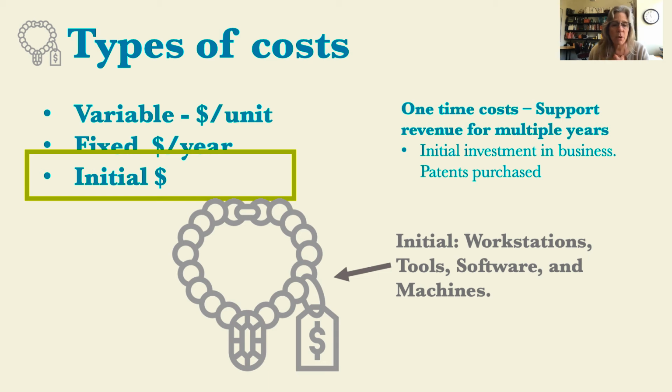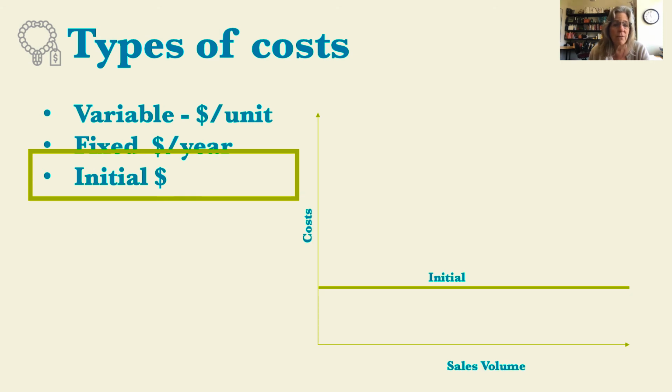In the case of this pearl necklace, that would be the cost of the workstations, any tools you had to buy, software, maybe software related to tracking the items, and any machines you're going to be using. All of these things are longer term, more than a year, and that's why we account for them in a slightly different way. But they're also considered a fixed cost. Over a certain sales volume, you would have these initial costs that would occur no matter what the sales volume is.